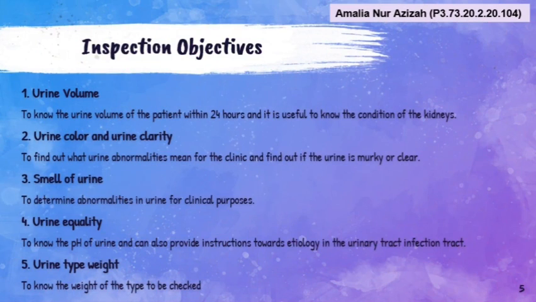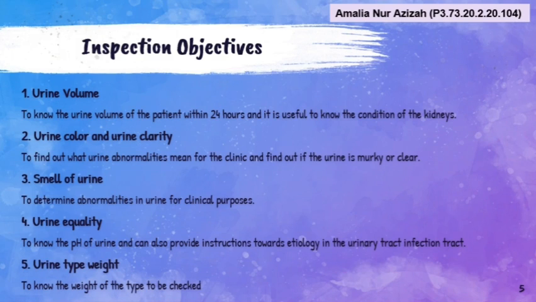Inspection objective. 1. Urine volume: to know the urine volume of the patient within 24 hours, and it is useful to know the condition of the kidneys. 2. Urine color and urine clarity: to find out what urine abnormalities mean for the clinic and find out if the urine is murky or clear. 3.